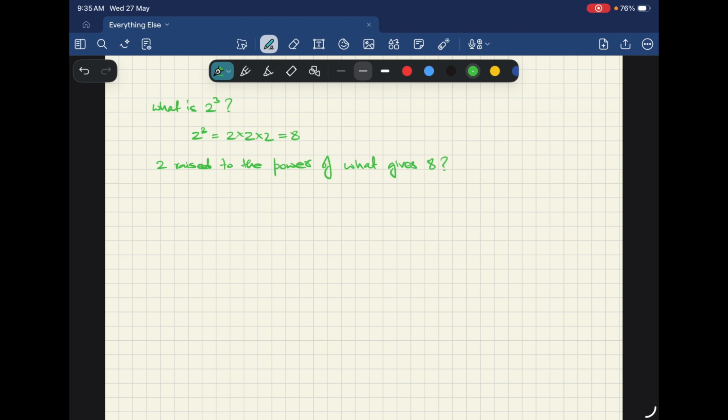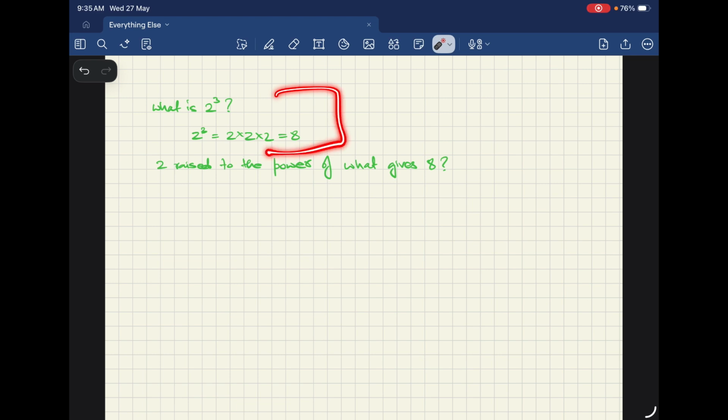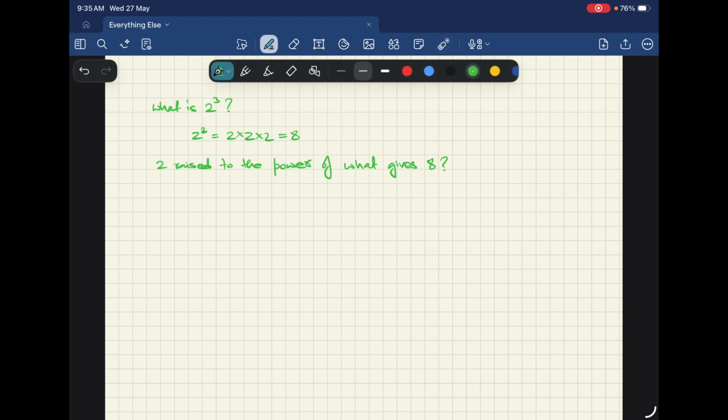Now looking at this previous question, you can easily interpret that the answer should be 3, right? So what we did here, in logarithmic sense, we write this as log of 8 with base 2 is equal to 3.